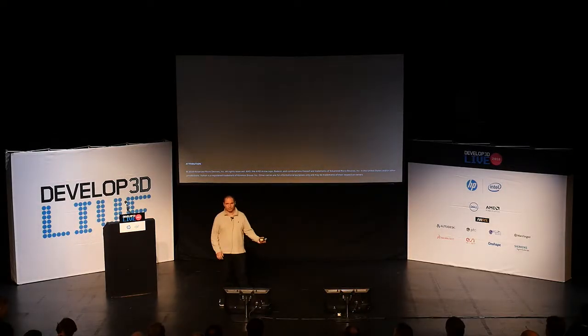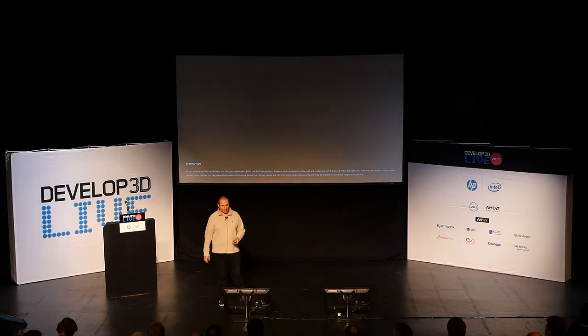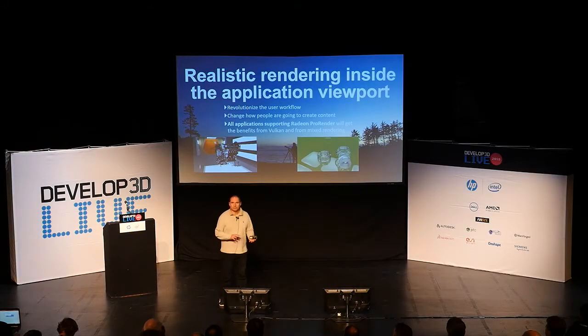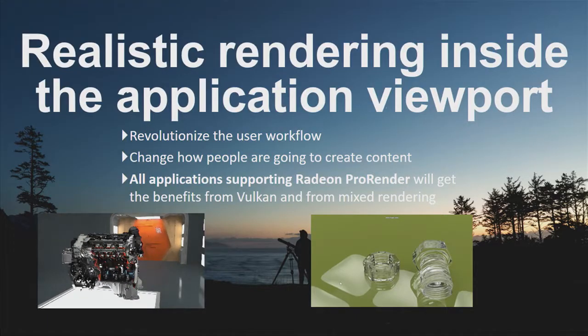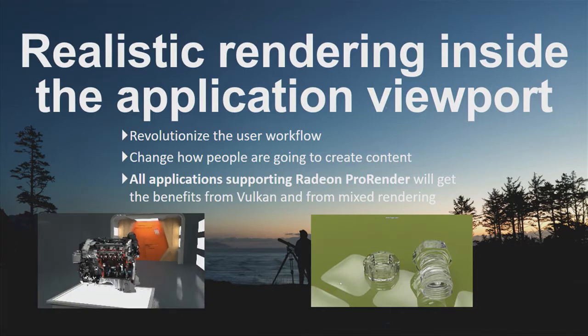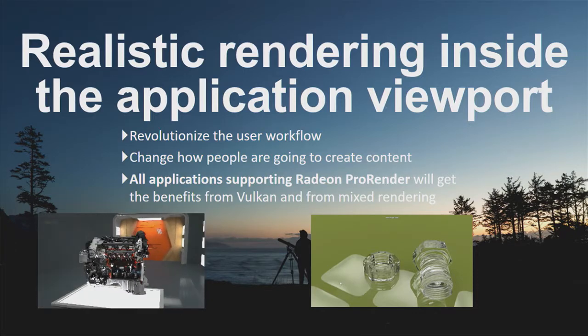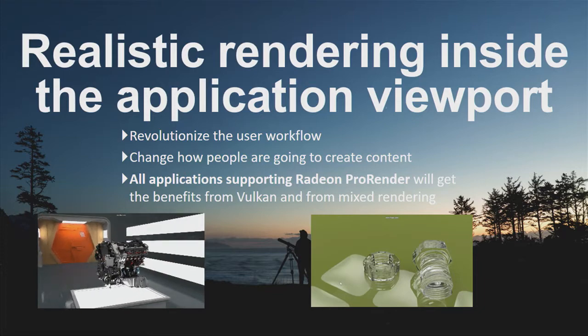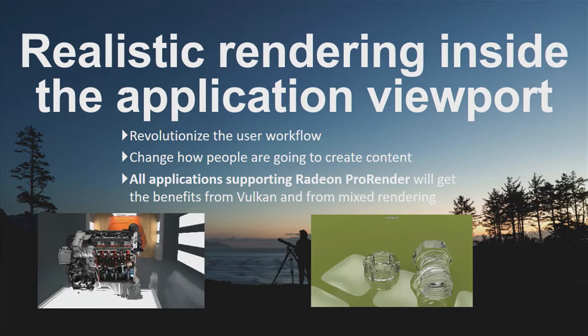In fact, what we mentioned, we are mixing the realism of ray tracing and rasterization thanks to the compute. We do the ray tracing, and at the same time, we do the 3D rasterization.